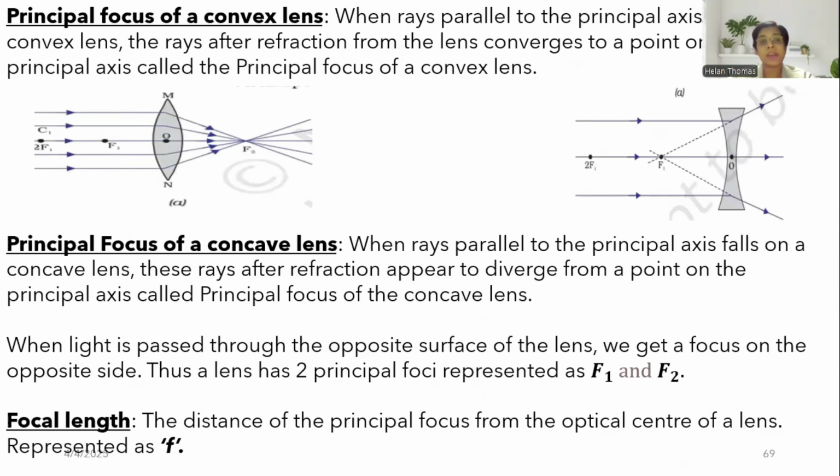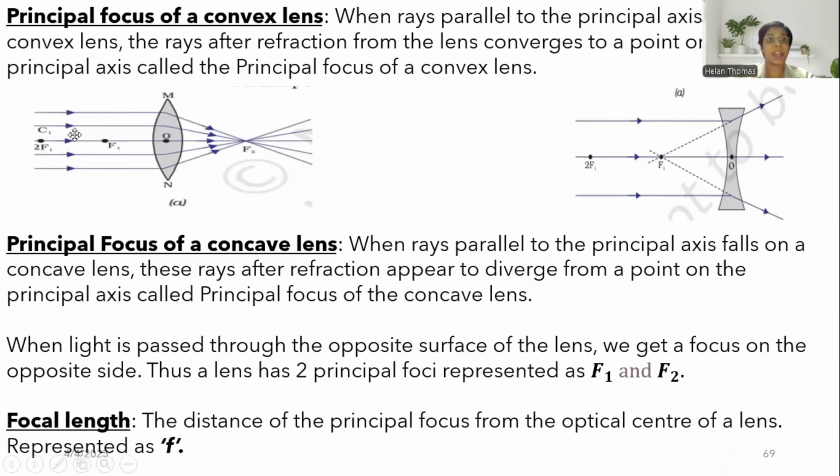The principal focus of a convex lens. When light rays that are parallel to the principal axis fall on a convex lens, the rays after refraction from the lens will converge at a point on the principal axis, and that is called the principal focus of the convex lens.